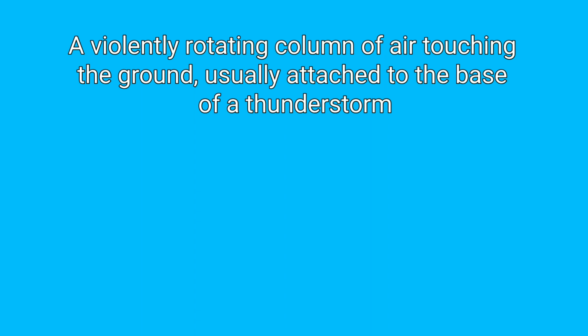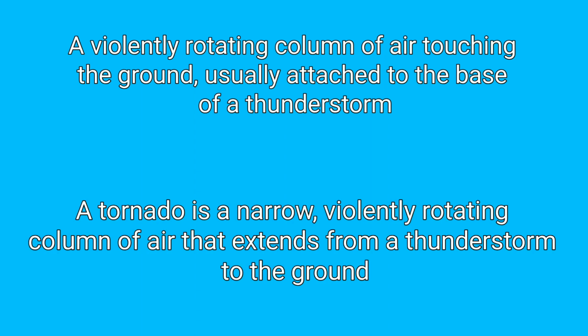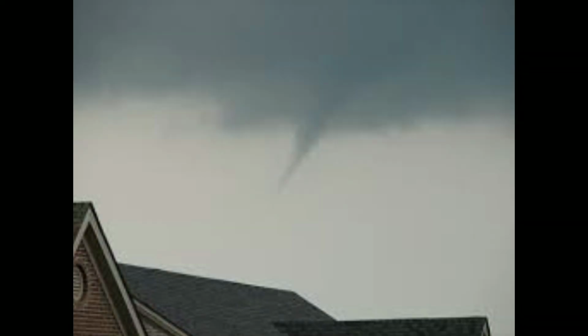The NSSL states that a tornado is, quote, a narrow, violently rotating column of air that extends from a thunderstorm to the ground. It also does not mention that it has to come from a supercell thunderstorm. This is interesting since Maine's cold core funnel clearly did not come from a supercell, but still dropped from the cloud.